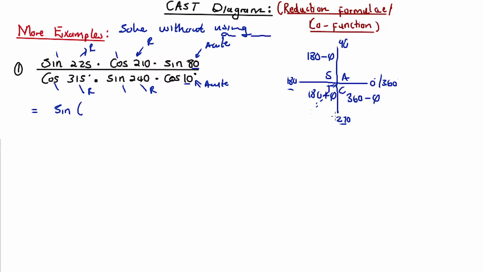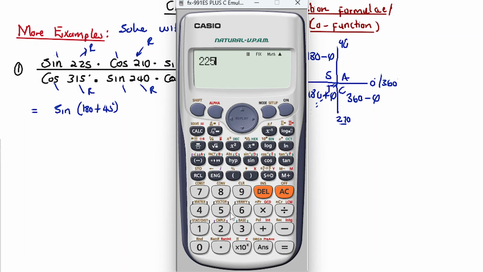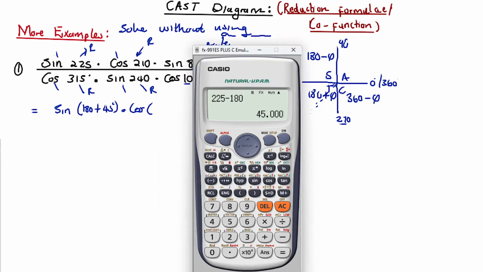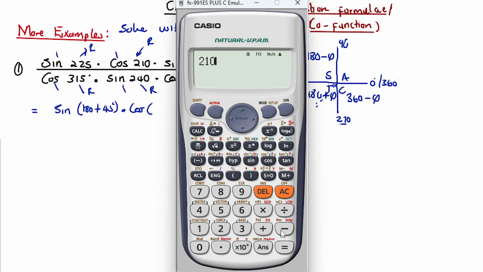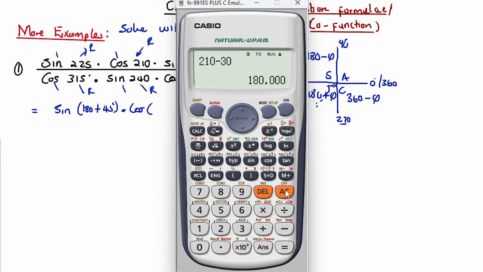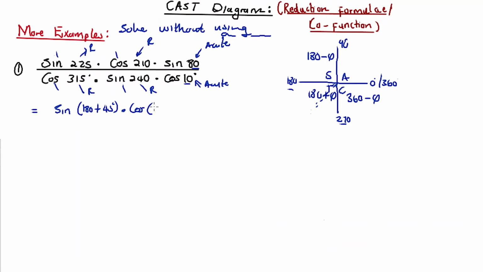So 225 is going to be written as 180 plus 45, let's check, 225 minus 180, yes, 45, multiplied by cos, open bracket, 210, again, it's in the third quadrant, so it's 180 plus 30 degrees.